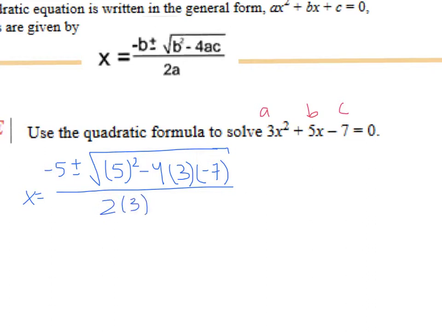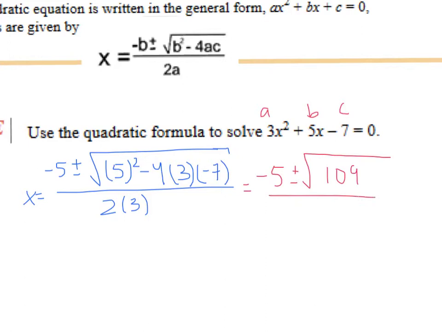Okay? And we're going to start by simplifying inside of the square root and the denominator. So our next step, we've got negative 5 plus or minus the square root. Now inside our parentheses, 5 squared minus 4 times 3 times negative 7. If we plug that into our calculators, we should get 109.